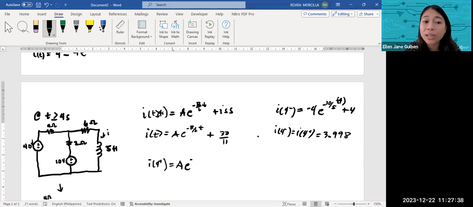We will do the Thevenin. We will open the inductor and short the independent sources. Now, we will get a 4 inverse plus 2 inverse, of that plus 4 plus 6.